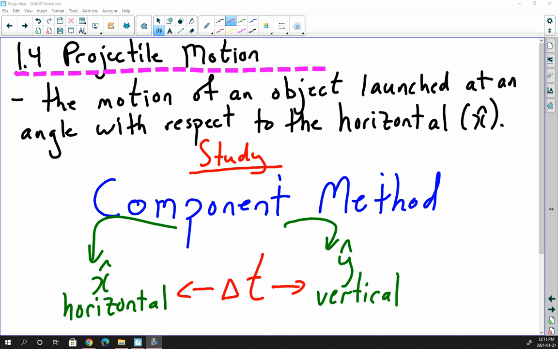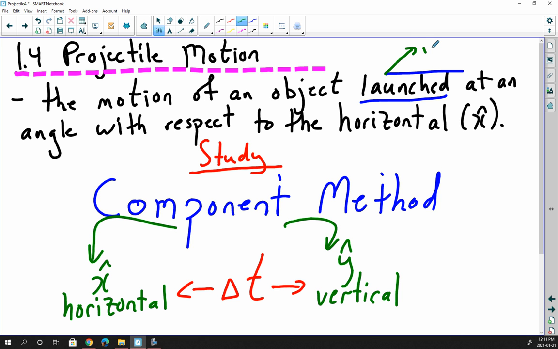So let's continue with our look here. Section 1.4, projectile motion. Let's define it. It's the motion of an object that's launched. So if you take a look at an object, let's say that's the ground, this is the simplest way of doing it. It's launched.